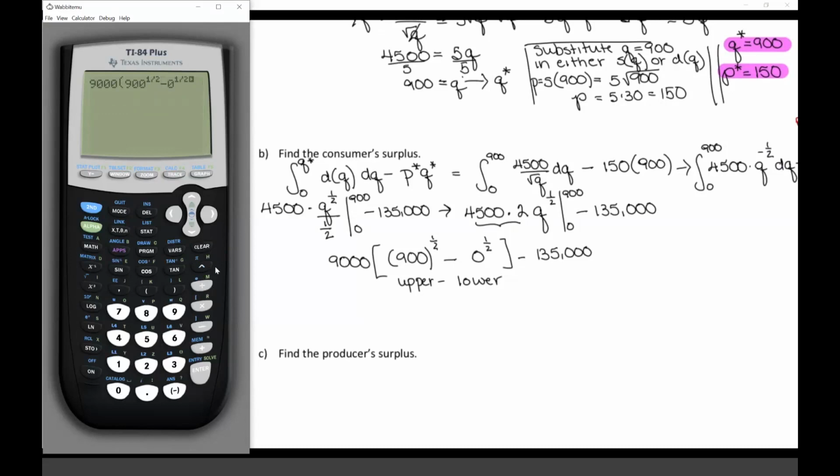If you're so inclined, that's fine. I'm just showing that you can get it without doing it that way. So here's upper minus lower. That 9,000 out front applies to both of those numbers. And then I have minus 135,000. And you can see I get 135,000 as the value of the consumer surplus.